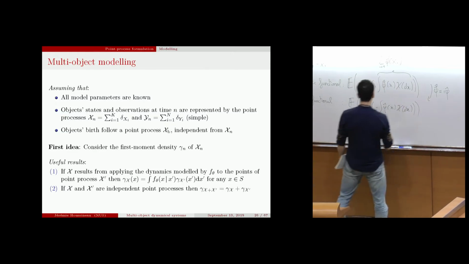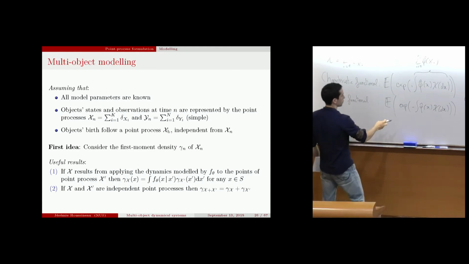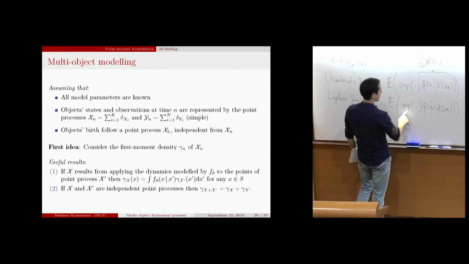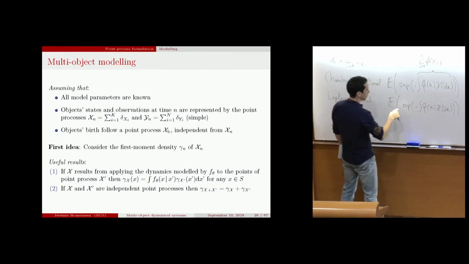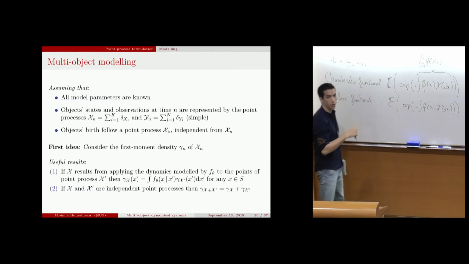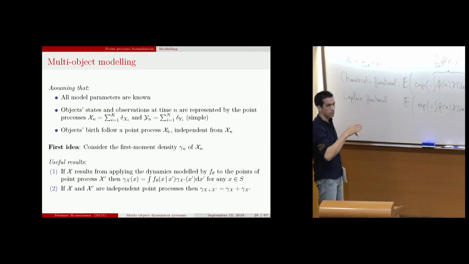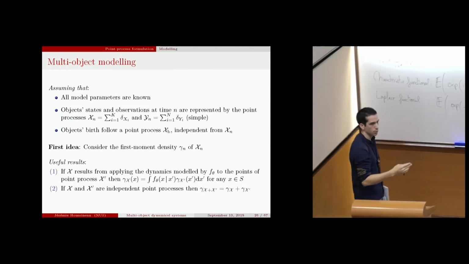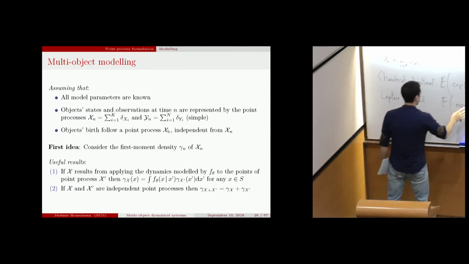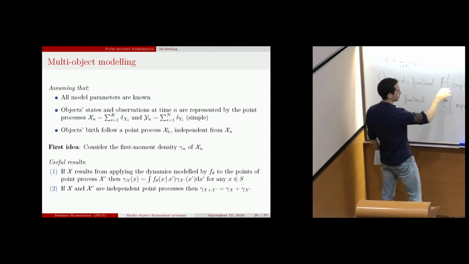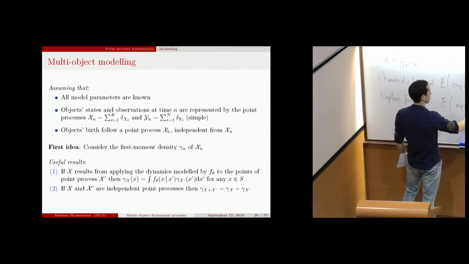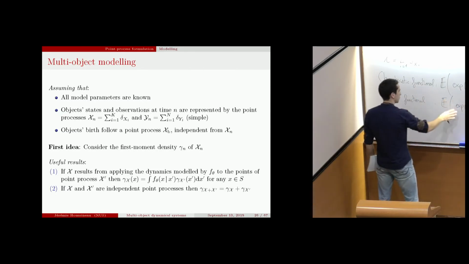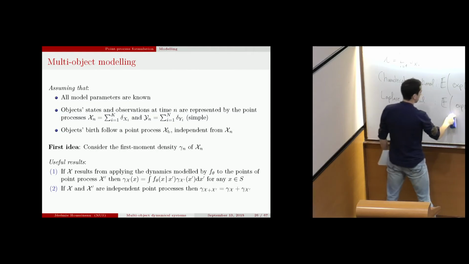And this actually is useful because you can use it to deduce your first moment, and you can also use it to deduce higher moments. In point processes we very rarely use this one, but it's to make the connection with random measures. It's useful, but still a little bit complicated.